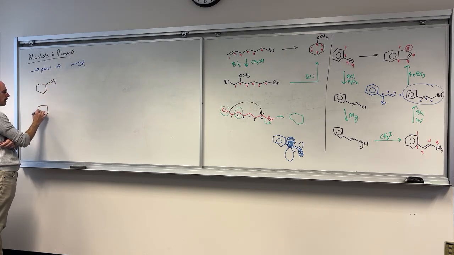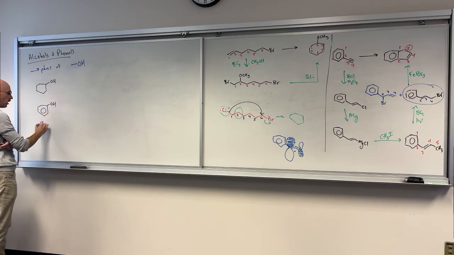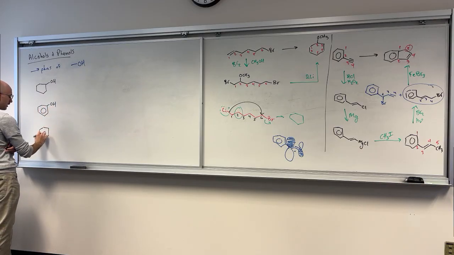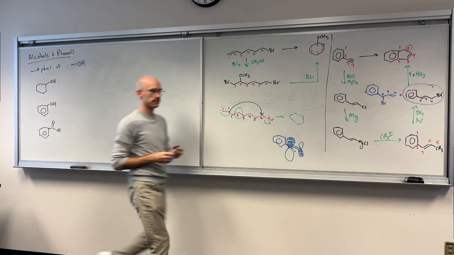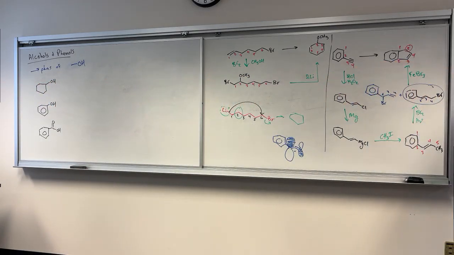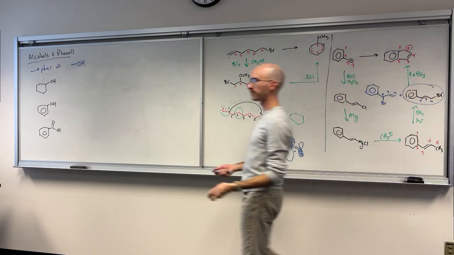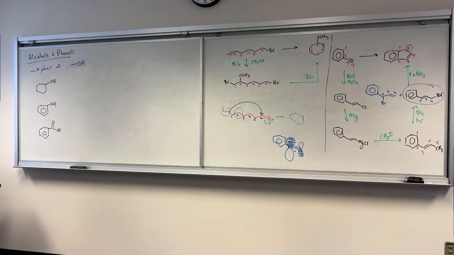Let's look at this compound, phenol. And let's look at this compound, benzoic acid. Notice that the most acidic bond, the most acidic hydrogen, is the OH bond in all of these molecules.